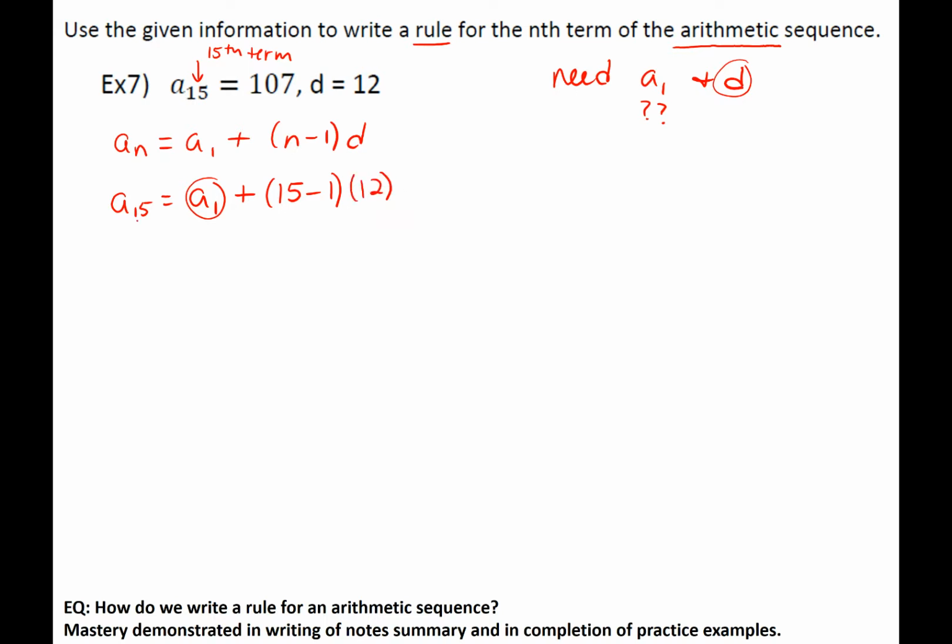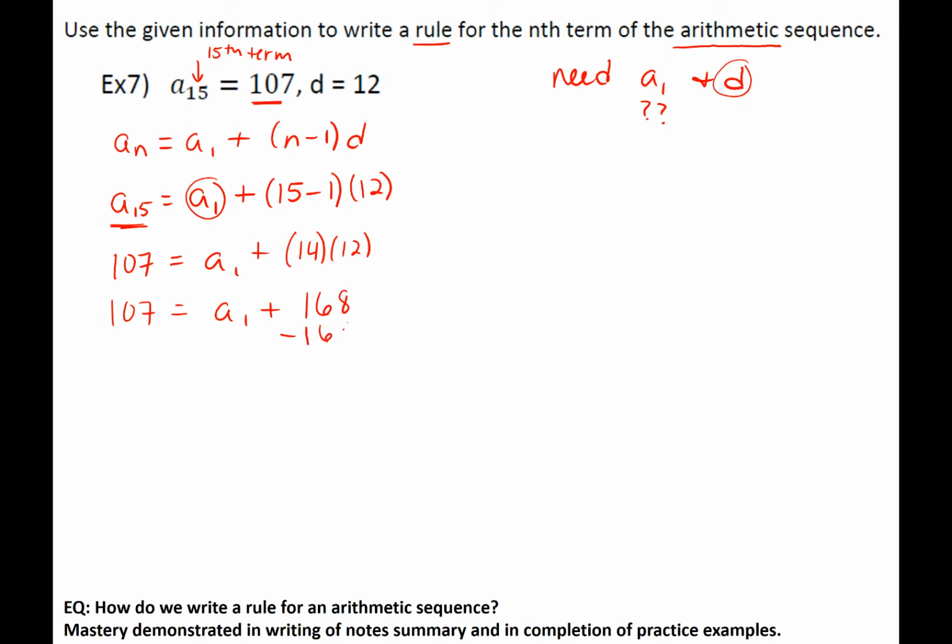Then just like last time, writing this as a sub 15 isn't helpful because I have two variables, but we know a sub 15 equals 107, so plug that in. And then this time I can simplify my 15 minus 1, that's 14, and then multiply it by 12. So I have 107 equals a sub 1 plus 168.